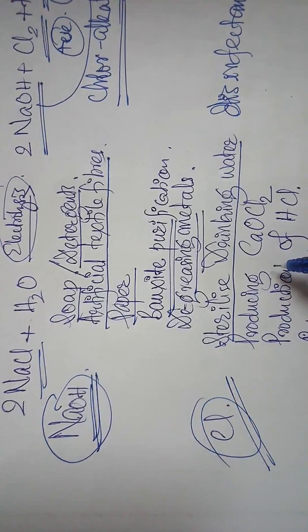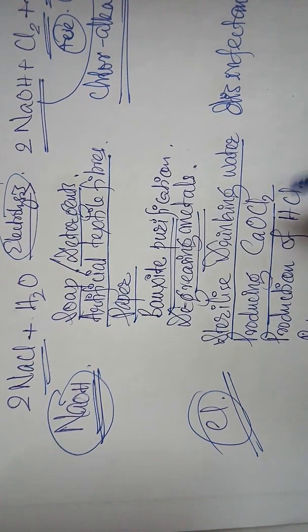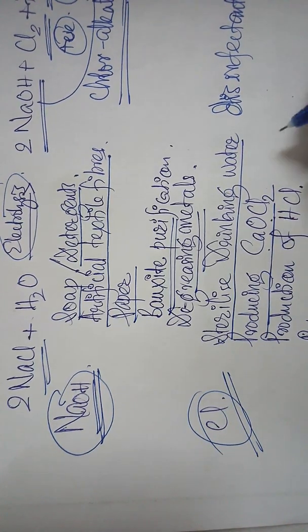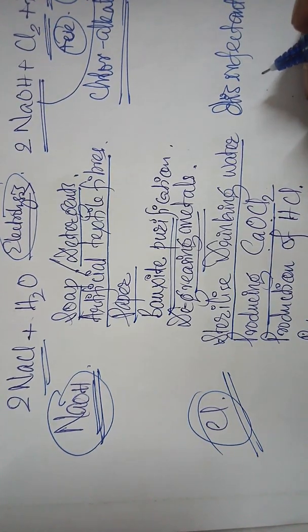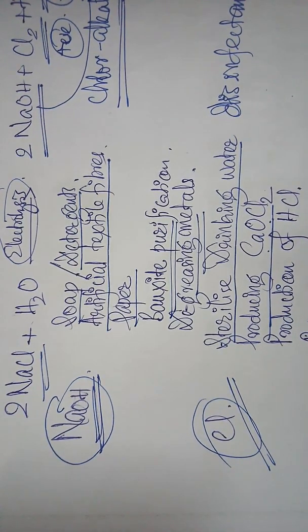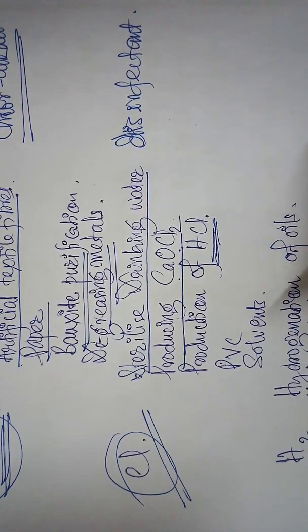Chlorine is used in the production of bleaching powder, CaOCl2. Chlorine is used in the production of hydrochloric acid.